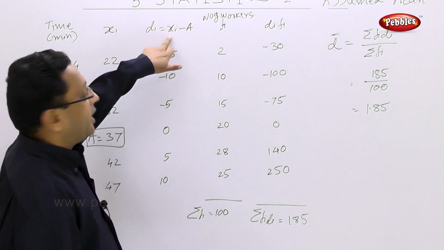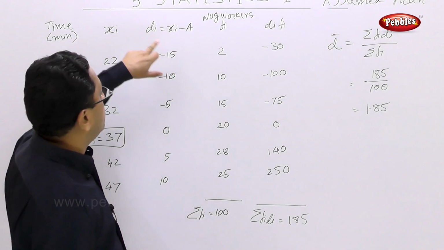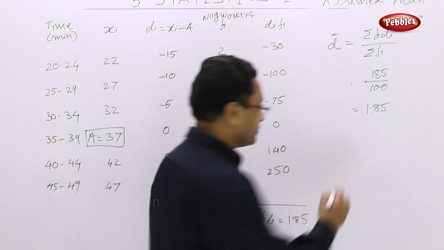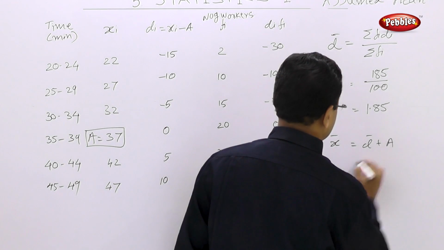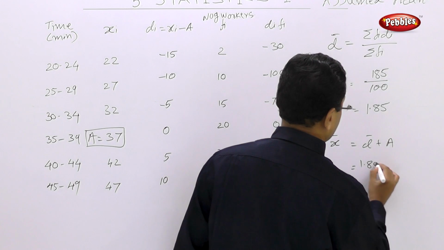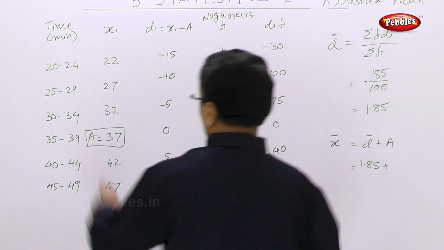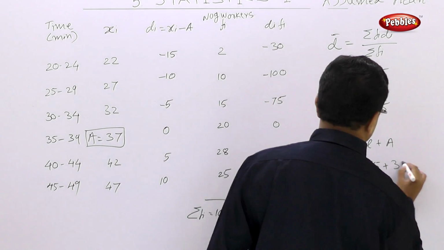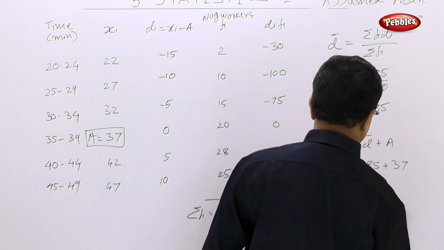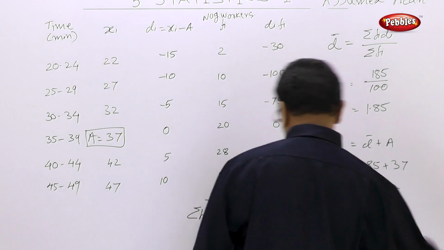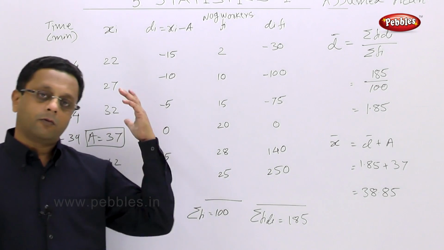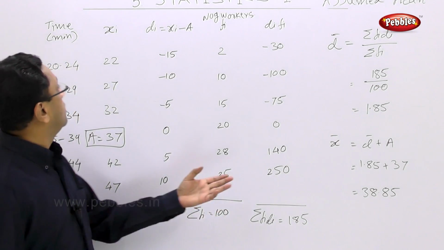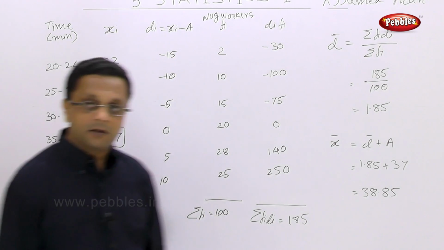And what is x bar equal to? x bar is equal to d bar plus a. My a was 37. So 38.85. This is exactly the same as the answer we found by the direct method, in minutes.